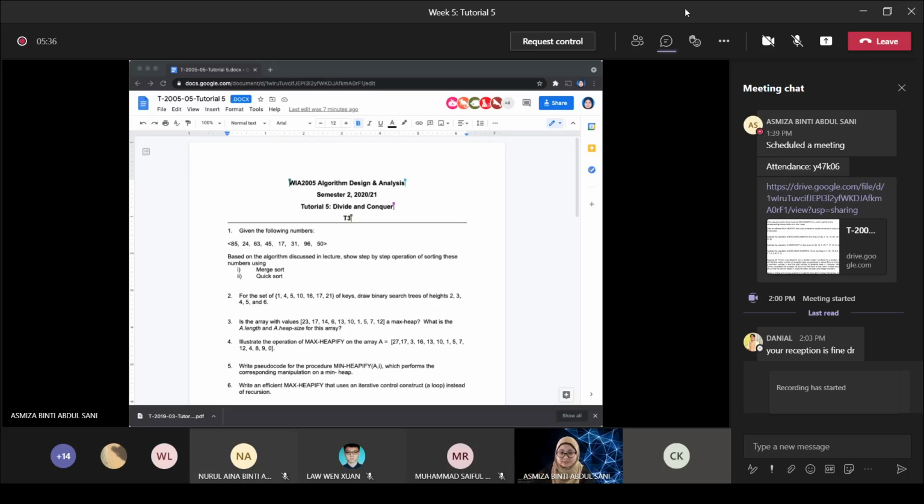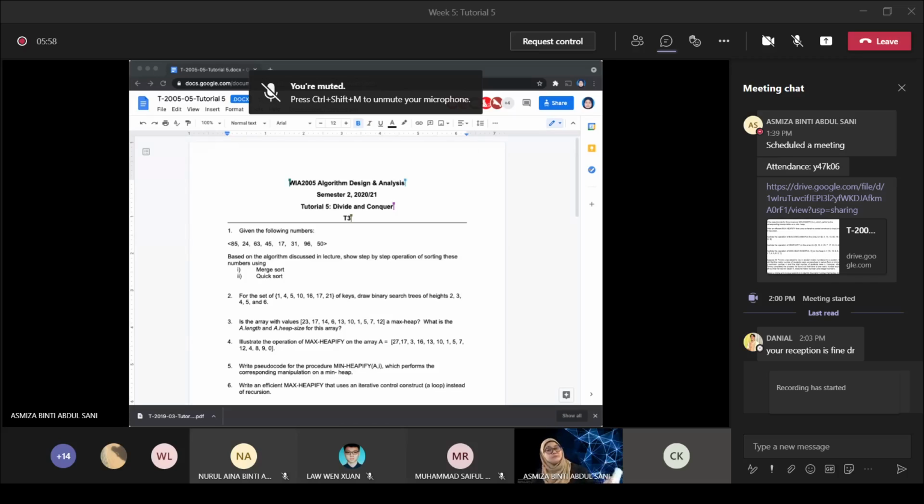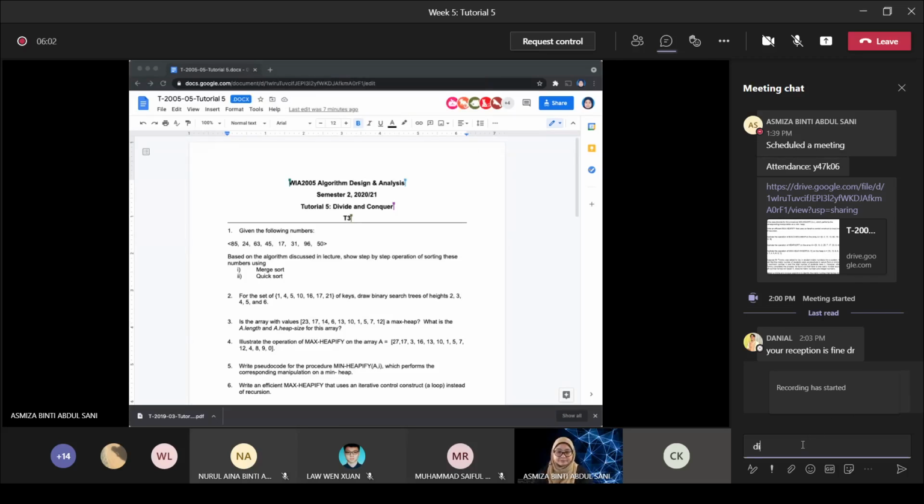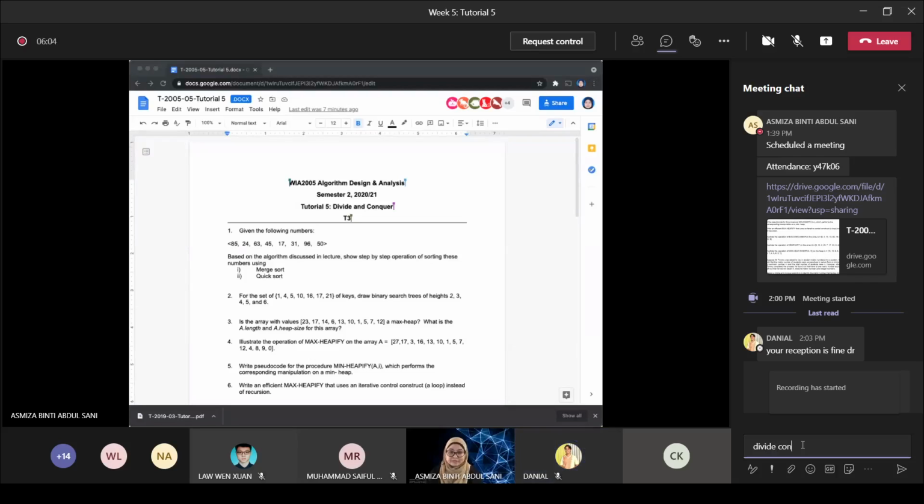Do you still remember what the 3 stages are for the divide and conquer approach? Divide, conquer, and combine. Those are the 3 distinct stages if you want to apply the divide and conquer approach for solving your problem.